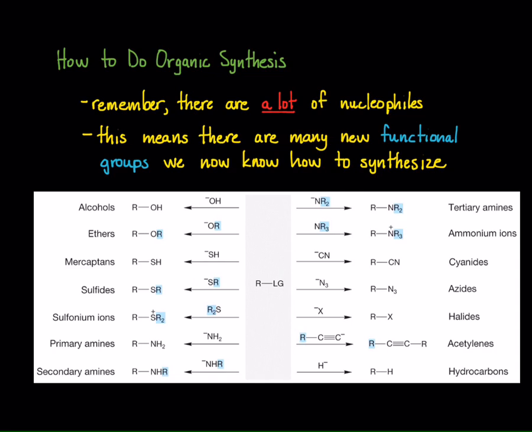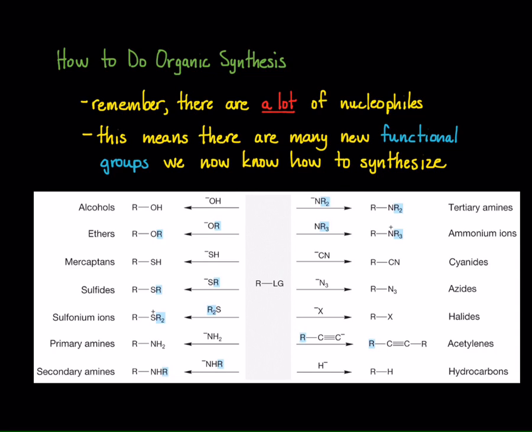You can make alkyl azides if you use N3, an azide salt. You can make other alkyl halides if you use a different halide. You can even make acetylenes using the acetylide ion. And lastly, something we often don't think about is a way of making alkanes if you use hydride, H minus with 2 electrons, as a nucleophile.